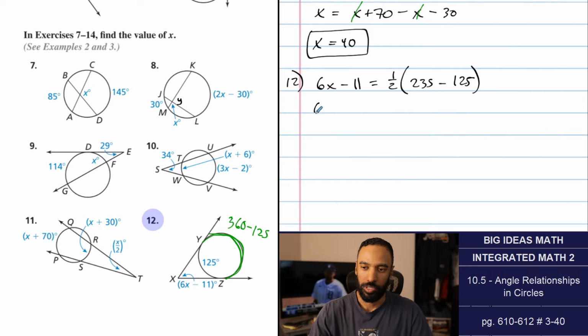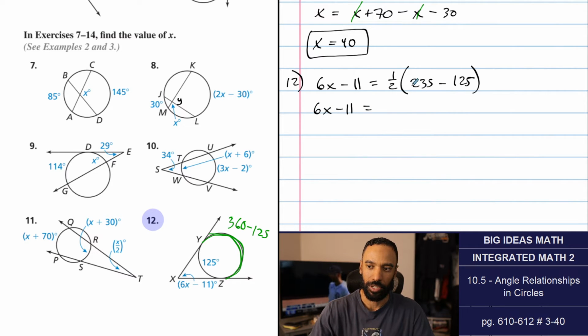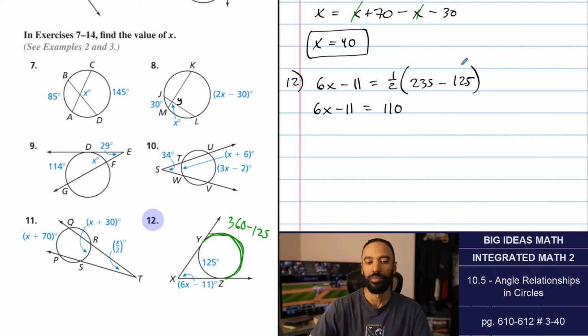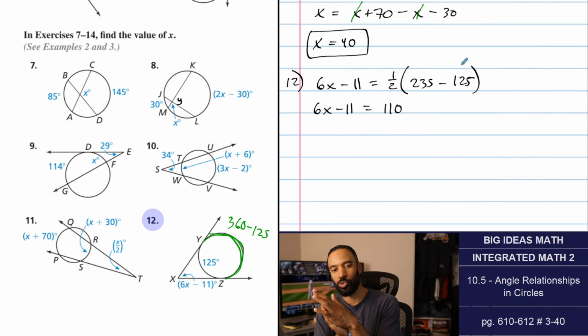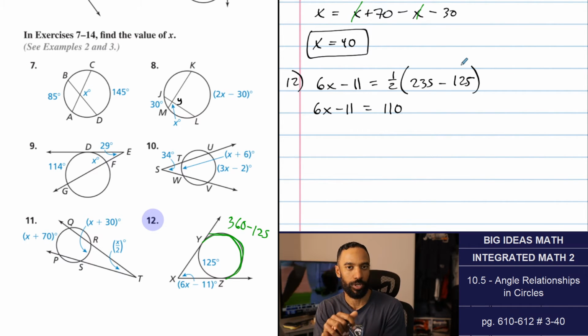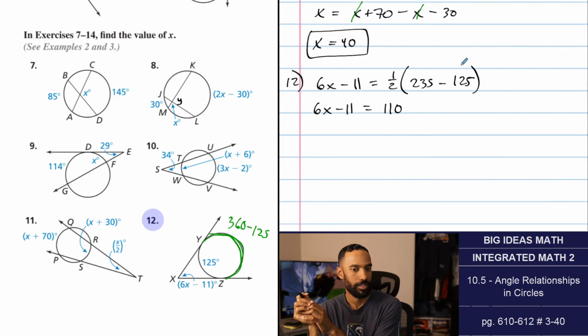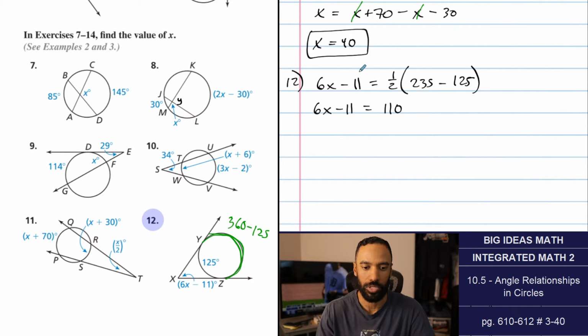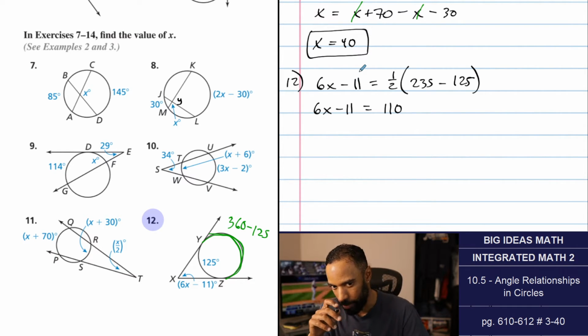And then we can double both sides, and we get 6x minus 11 equals 235 minus 125, which is 110. So we had to do 360 minus 125 to get what that thing would be, and then we had to subtract yet another 125 on top of it. So there was a doubling effect of subtracting 125.